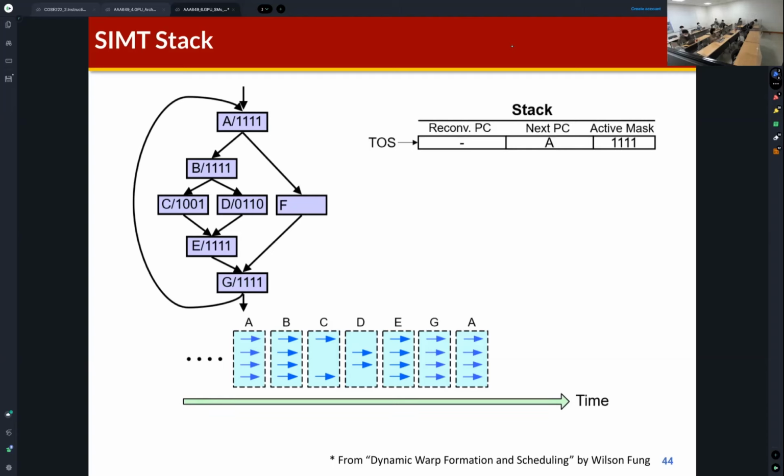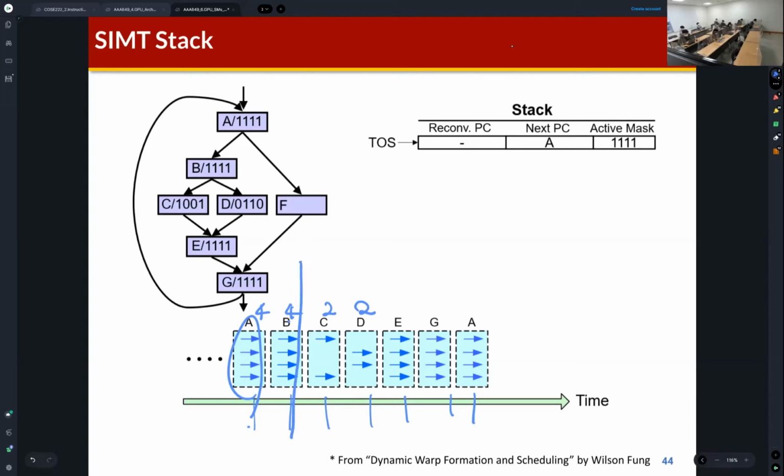So let us assume this is the clock cycle. In this example, at this clock, instruction A executes four threads, which means four instructions. So what's the problem?